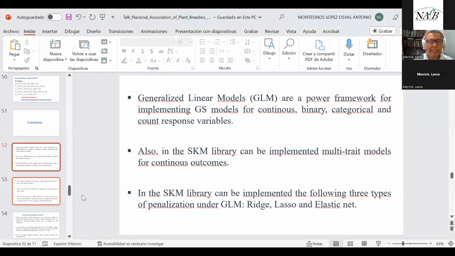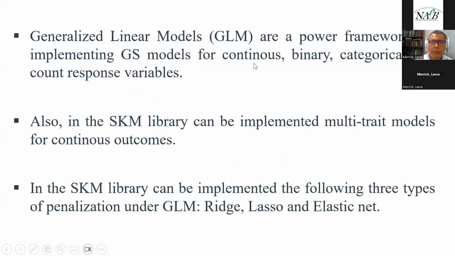Finally, I will say some things about the generalized linear models. In general, generalized linear models are a powerful framework for implementing genomic selection models for continuous, binary, categorical and count response variables. But still in the SKM library, only we can implement multi-trait models for continuous response variables. But for uni-trait models, as I mentioned, we can implement models for continuous responses, for binary responses, for categorical responses, or for count response variable.